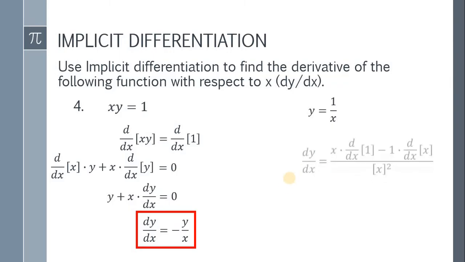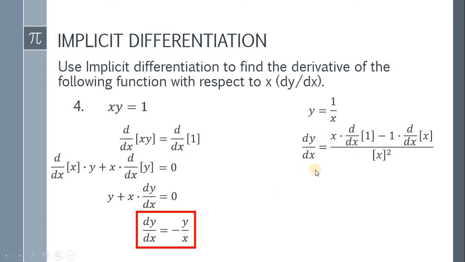So, apply natin. So, derivative both sides. We have dy over dx is equal to low d high minus high d low, square the bottom, and there you go. So, we have x times the derivative of 1 is just 0. So, we have 0 minus 1 times the derivative of x with respect to x is simply 1. So, we have dy over dx is simply negative 1 over x squared.